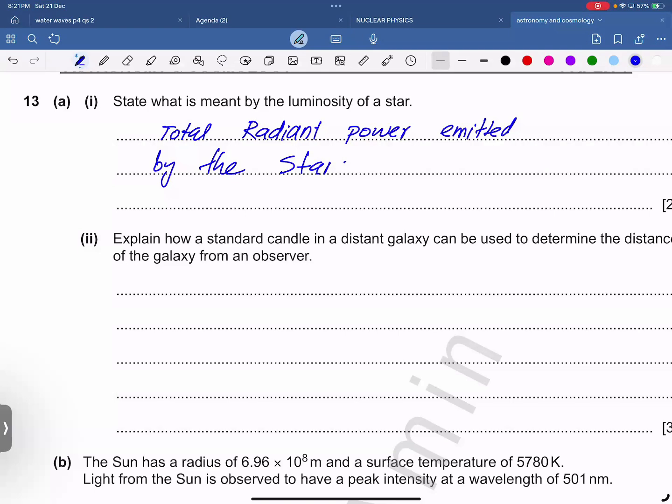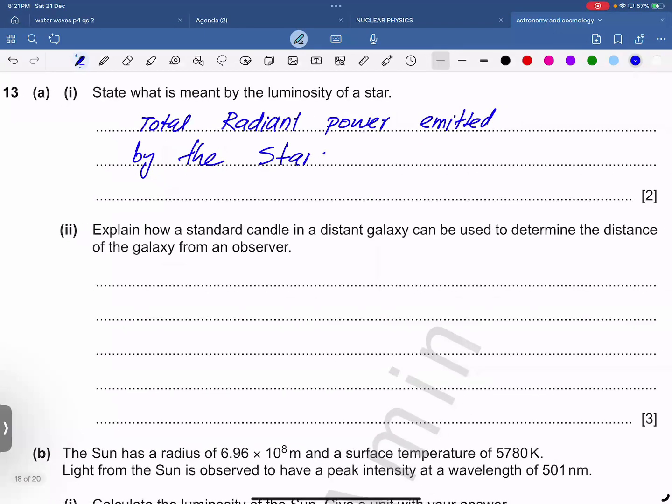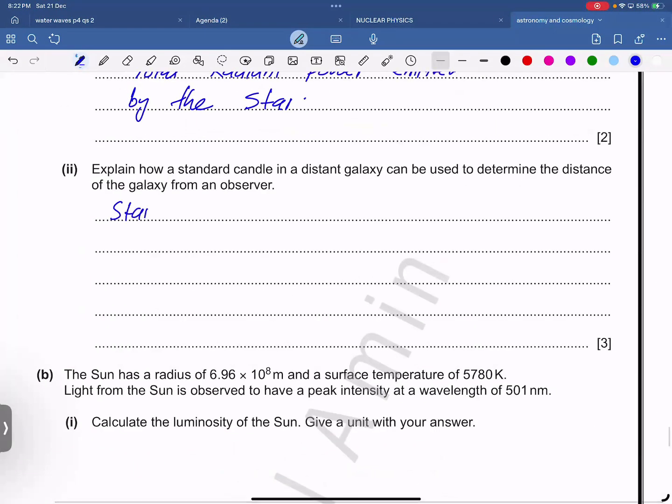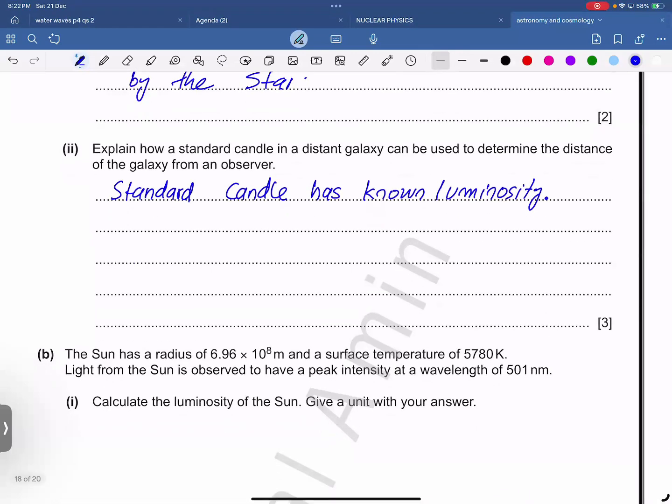Explain how the standard candle in a distant galaxy can be used to determine the distance of galaxy from observer. So standard candle has known luminosity. Luminosity L, F is equal to L over 4 pi d squared. F, the radiant flux intensity, is measured.